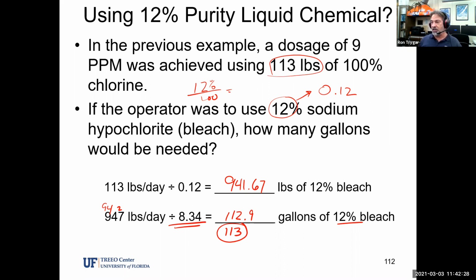The value comes up really close to the 100% chlorine that you're using. I just wanted to point that out because a lot of us use 12% or 12.5% bleach, and the numbers do match up really close. So I hope that helps you guys out a little bit. It does match up pretty close to the pounds of the 100%.